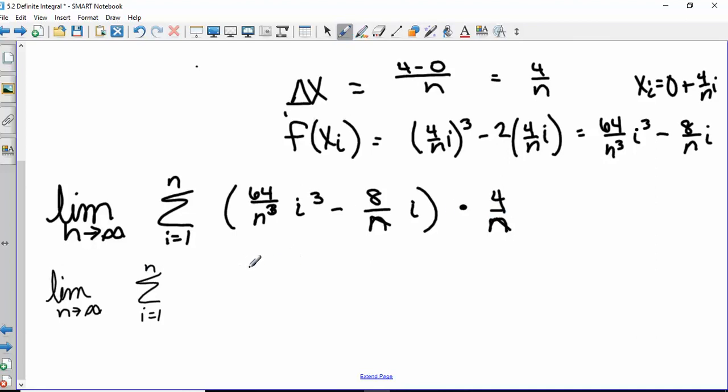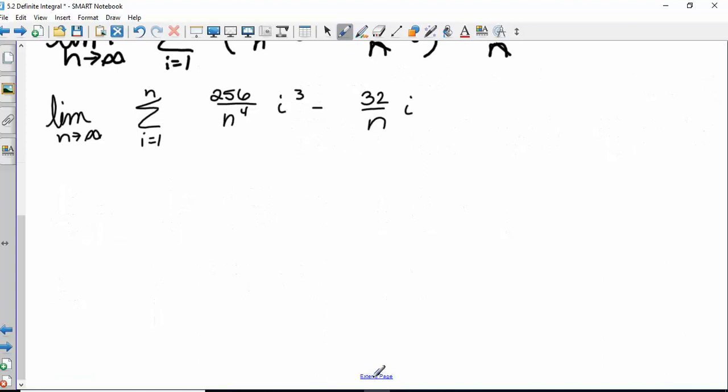So if we distribute 64 times 4, 256 over n to the 4 i cubed minus 32 over n times i.